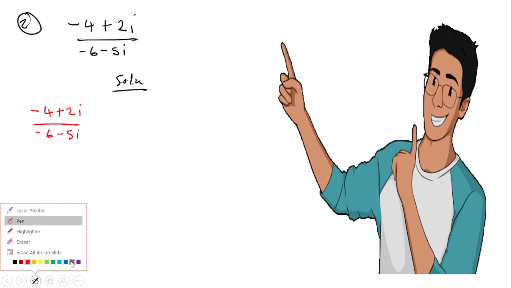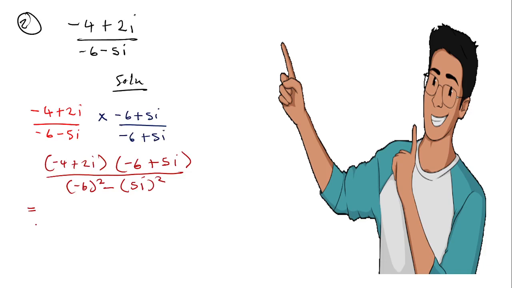When you do such calculations, you can easily work out this expression by simply saying negative 4 plus 2i, close bracket, times negative 6 plus 5i, close bracket, over negative 6 squared minus 5i squared.